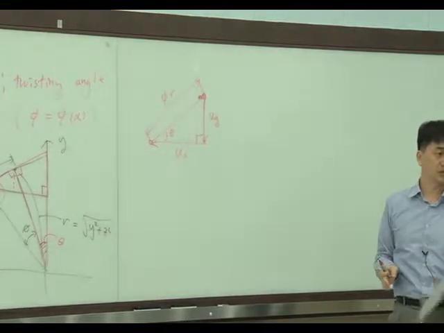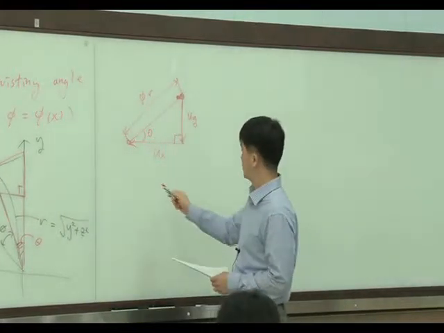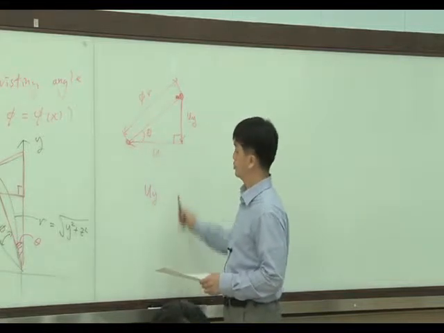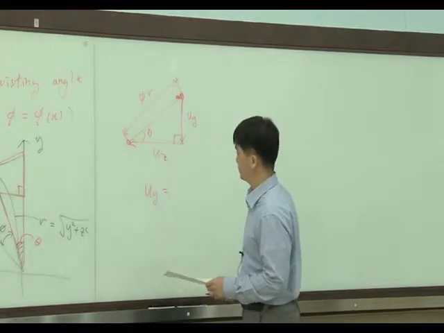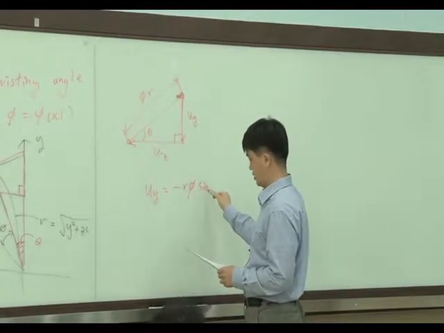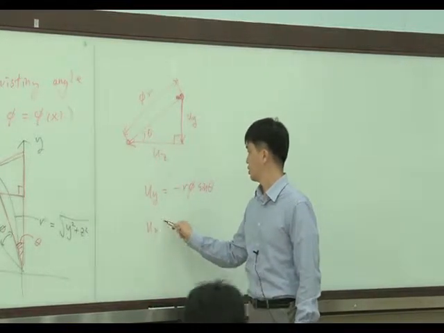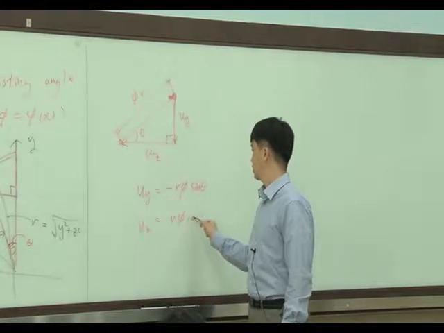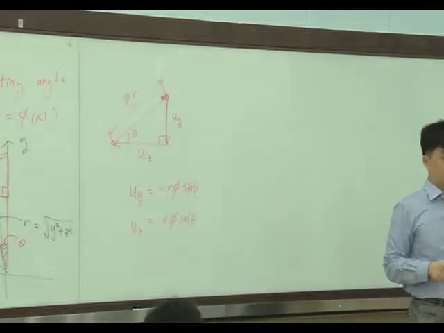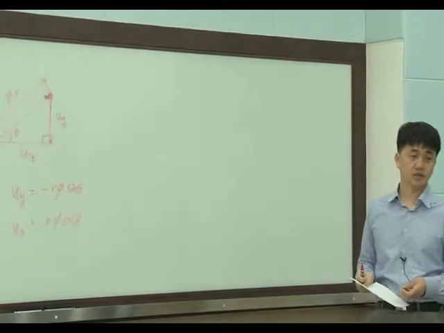From this triangle, we can calculate the displacement in y and z direction. So uy equals minus r phi sine theta, and uz equals r phi cosine theta. This is just a result of simple triangular geometry.